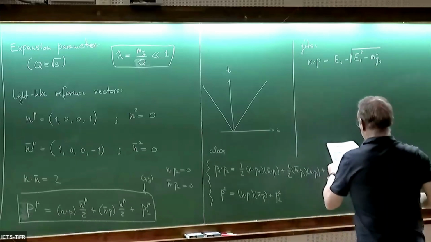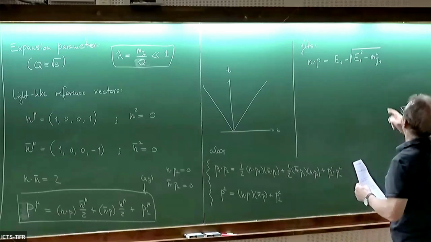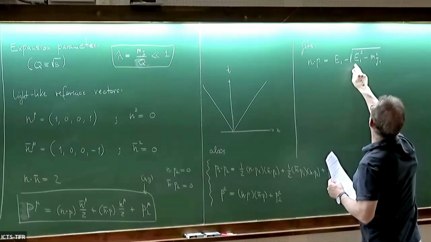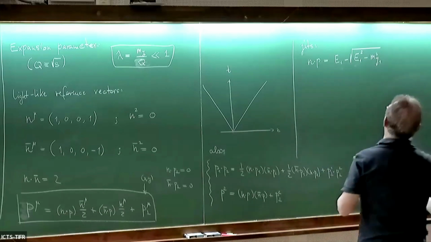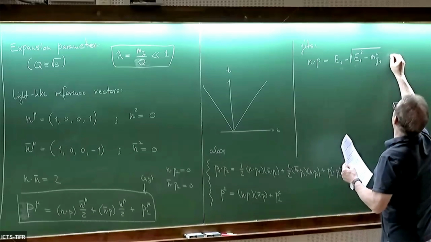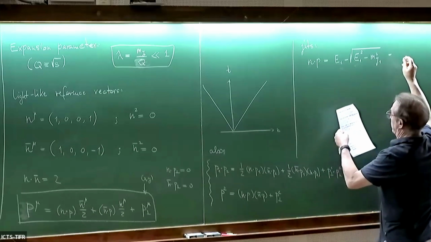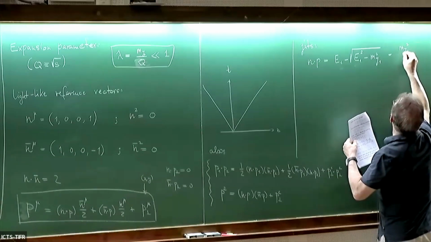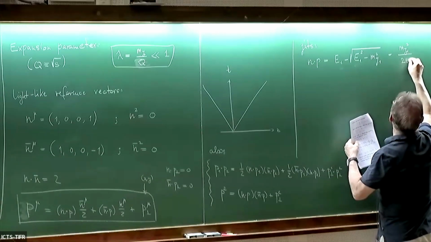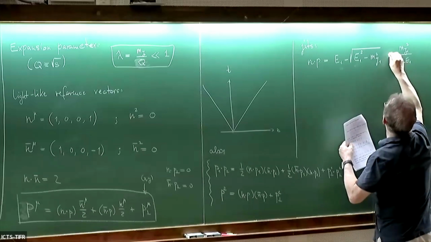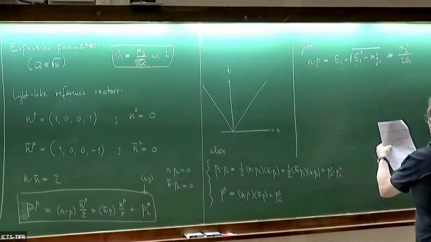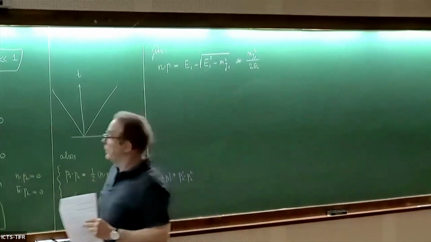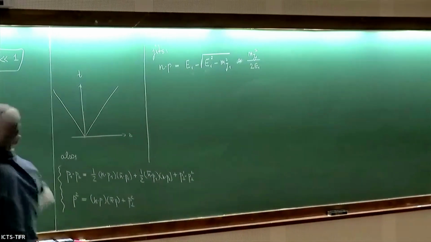And remember that we are assuming that E is much bigger than m. If I neglect m, these two terms cancel. If I do the Taylor expansion, then the first term I find here is mj1 squared over 2e1. Of course, this is the first term. Then there would be higher order corrections. And 2e1 is approximately equal to square root of s, which I call q.